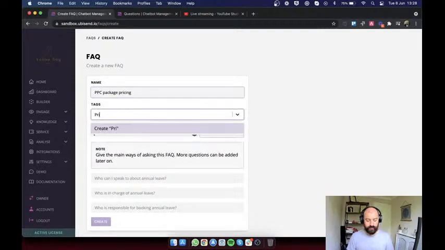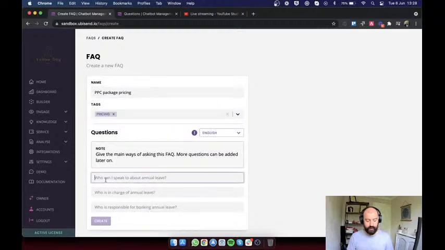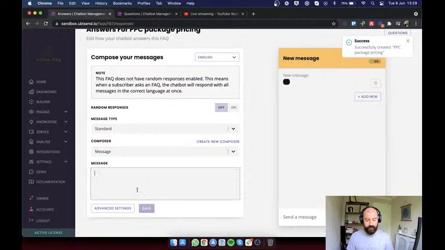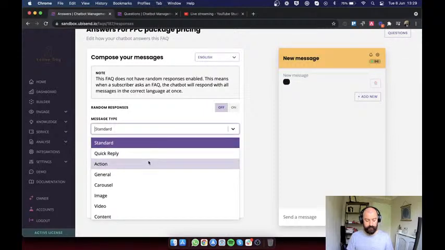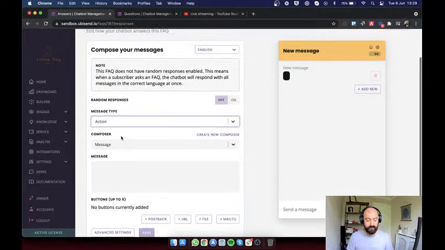I'm going to put this as a pricing tag, and I'm going to say, how much are PPC packages? What do PPC packages cost? What is the average cost of a PPC package? I can create that, and I'm going to give it an answer. I'm going to use an action message, because why not?